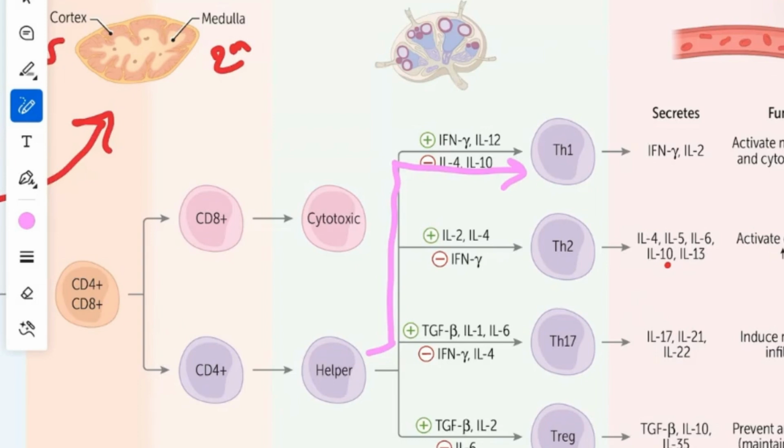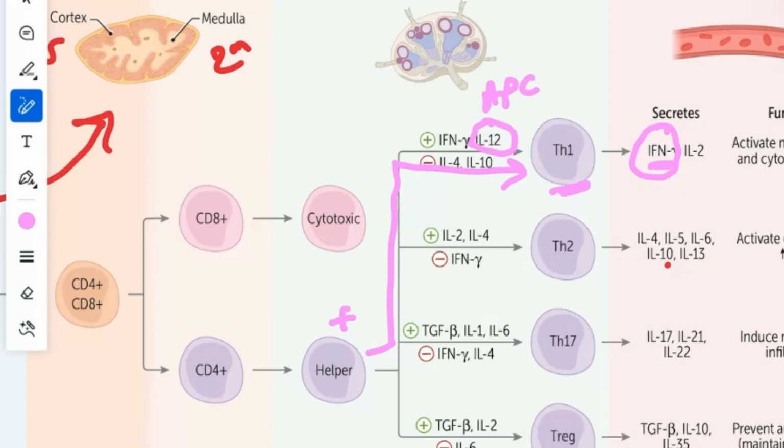So you can see the interleukin 12 produced here. This is coming from the APC, all right? And then it stimulates this CD4 helper cell to become a Th1. Once the naive CD4 cell becomes a Th1, it now produces interferon gamma. So your Th1 is the most important source of interferon gamma.